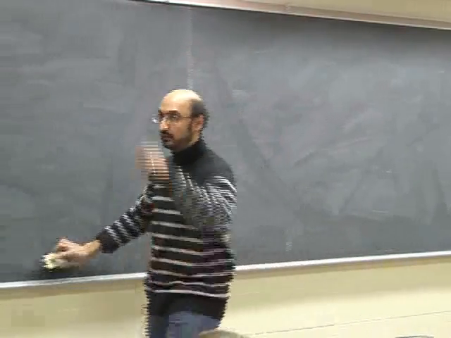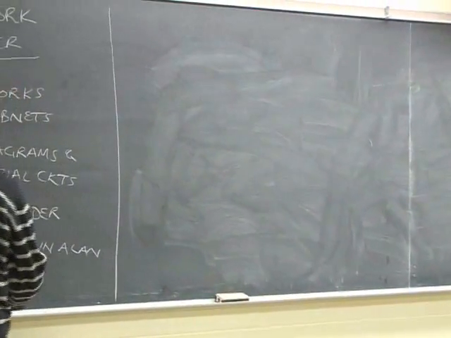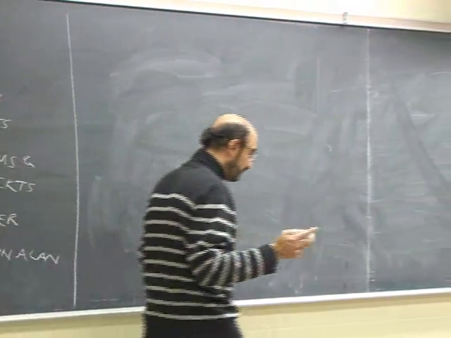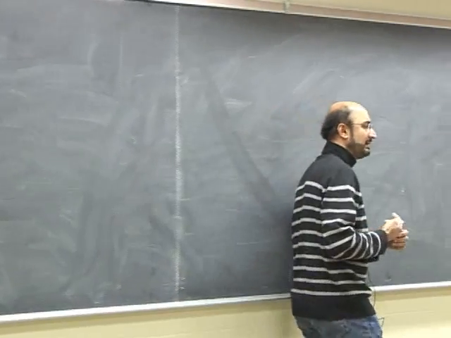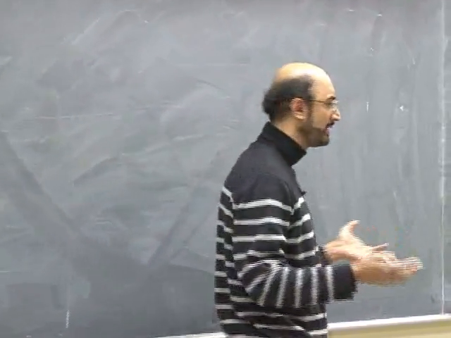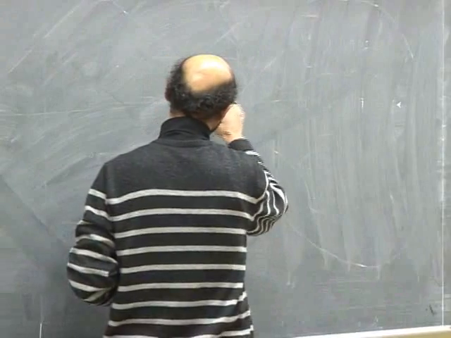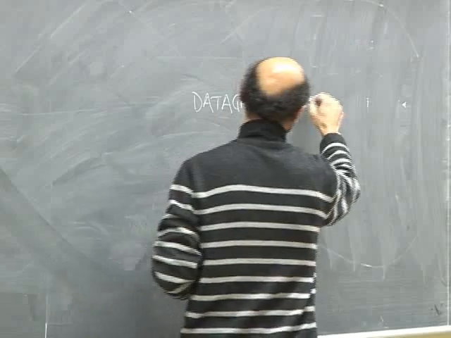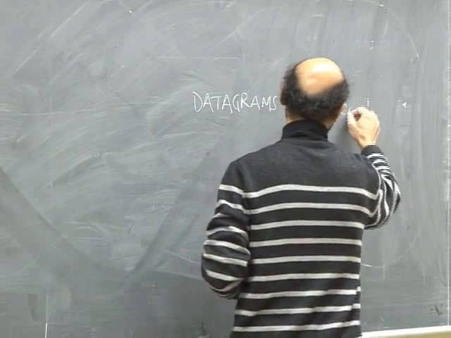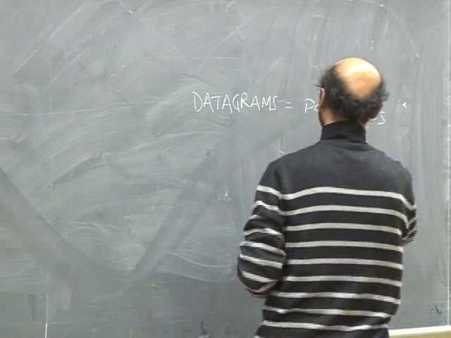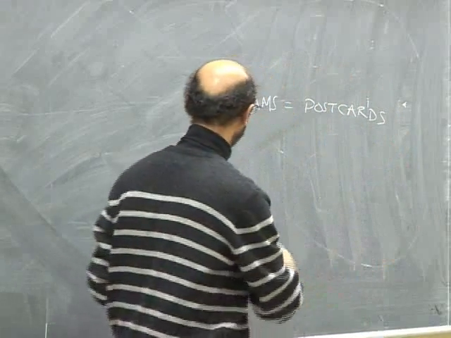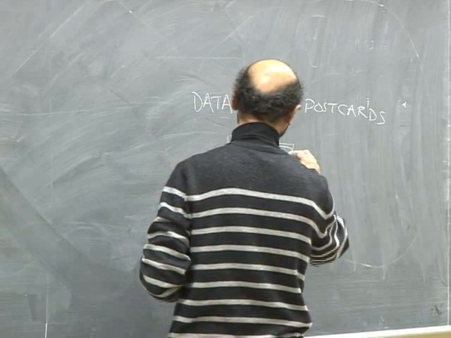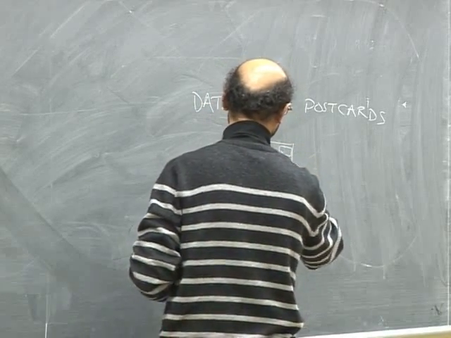I want to briefly talk about datagrams and virtual circuits, and then get into the IP header finally. Today, by and large, the internet uses datagrams. So what are datagrams? Datagrams are basically nothing but postcards. It's like postcards. You take a letter, you pick a postcard, you write, hi, how are you, whatever. You put your stamp on it, and then you put your address over here.